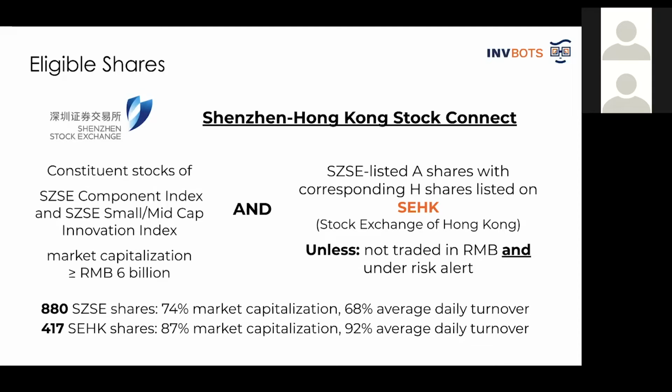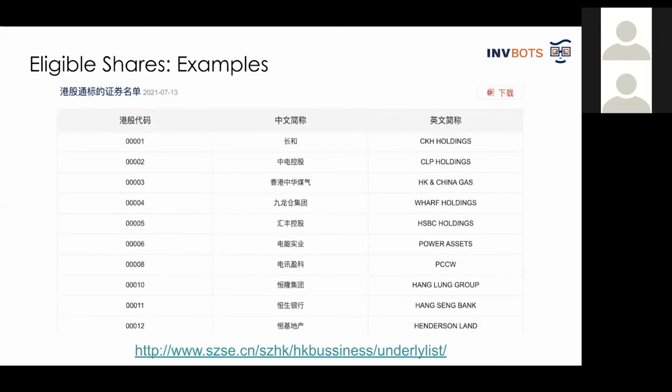Nearly 900 SZSE shares and 400 Hong Kong shares can be exchanged through the Shenzhen-Hong Kong Stock Connect. These are examples of the eligible shares, and for more details you can access the link below.